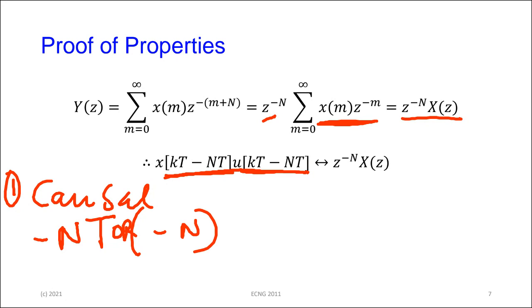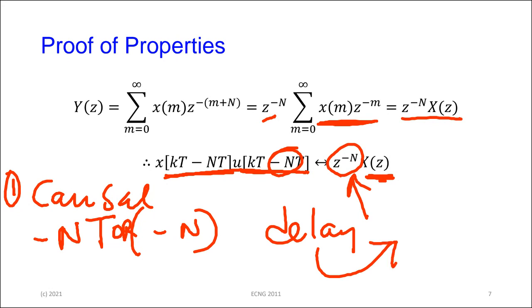Then the Z transform of the delayed signal is the same as the original Z transform, but you have to multiply it by z to the minus n. This is why I told you that it's so important, or it's preferred for us to keep the negative index. Remember, the minus n is a delay for us. Delays translate into a z to the minus something, in this case z to the minus n.